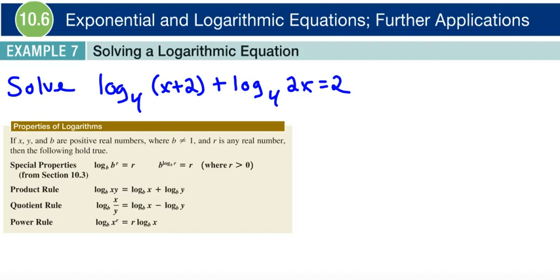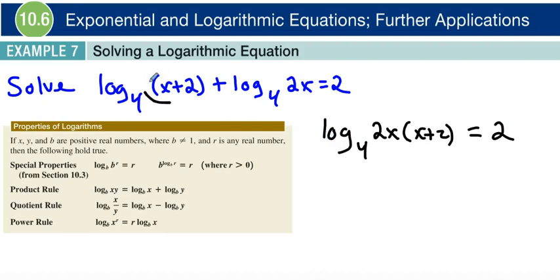So on the left side, it's now going to become log base 4 of 2x times x plus 2, and that's going to be equal to 2. What I've done on the left side is I took my x plus 2 and my 2x and wrote that as a product, and I have one logarithm because I'm using the product rule right here.